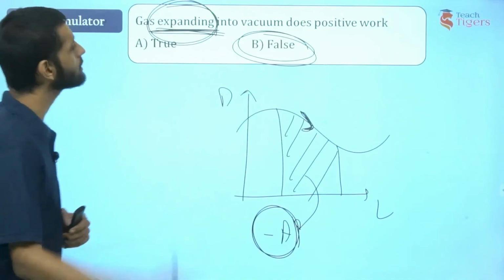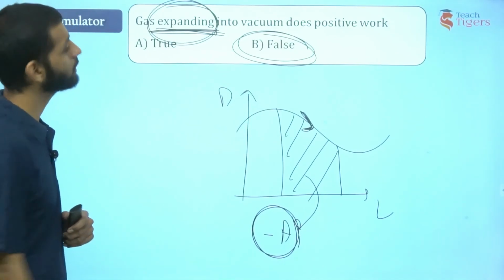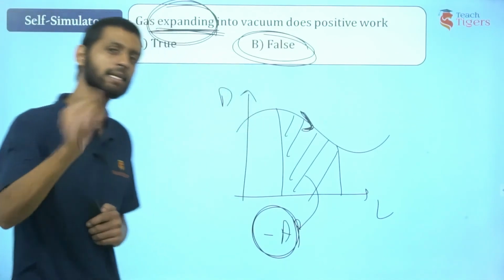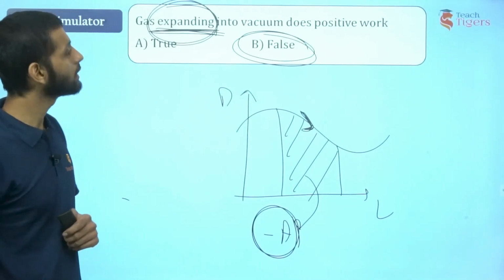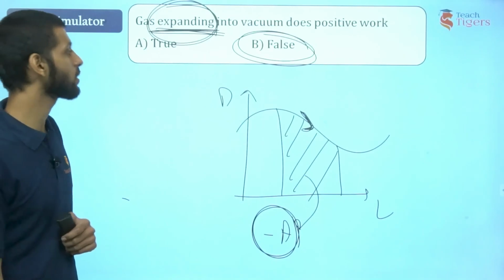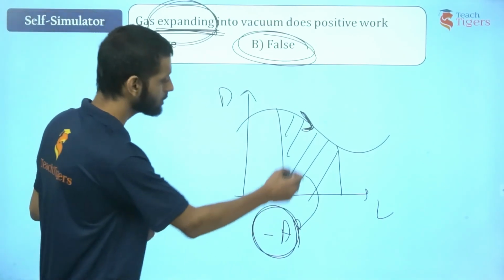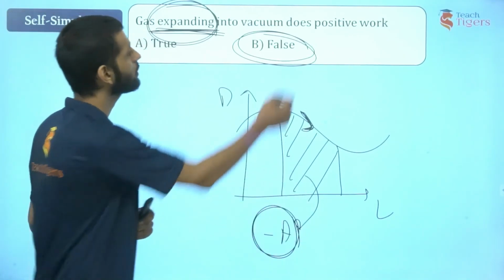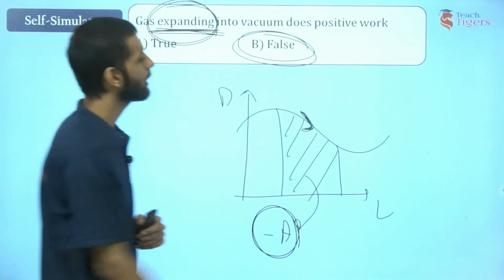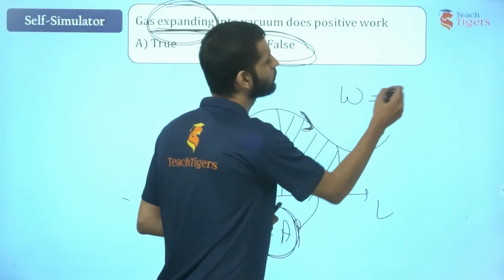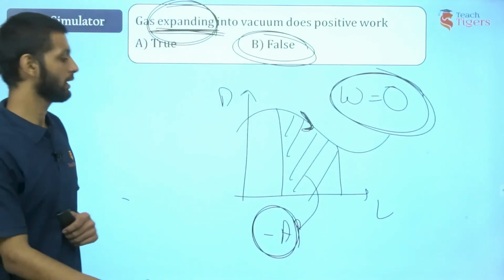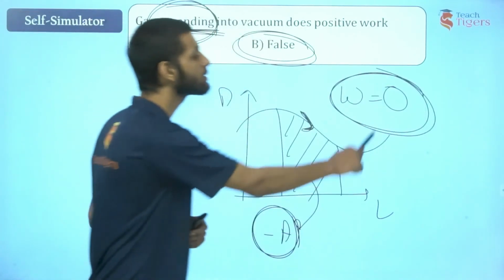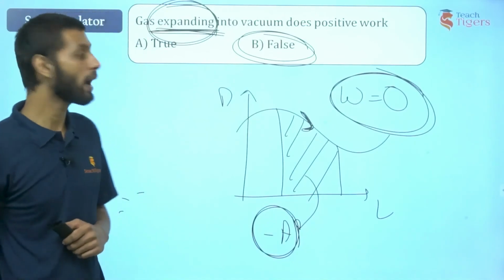But the answer is correct, but the reasoning is wrong. The reasoning is wrong because it's not minus A. It's not a negative area. It is simply 0. Why is it 0?